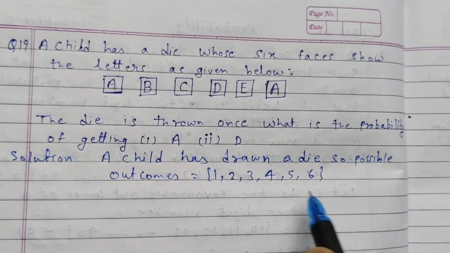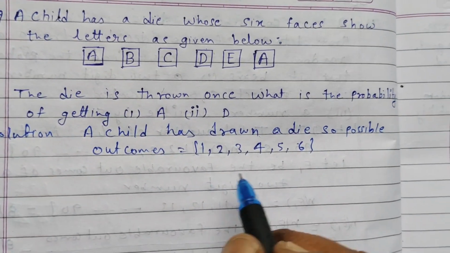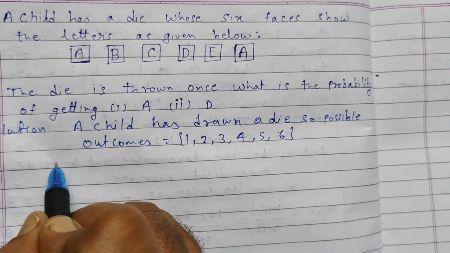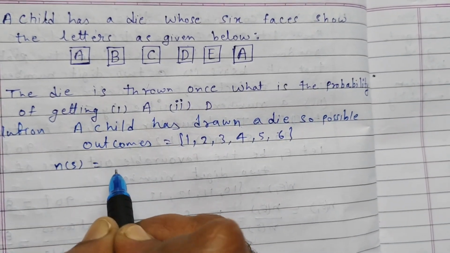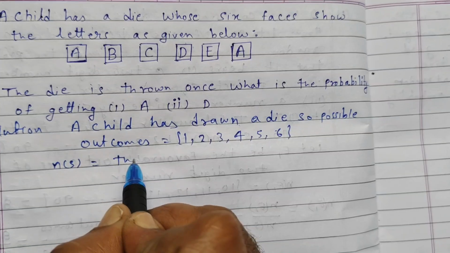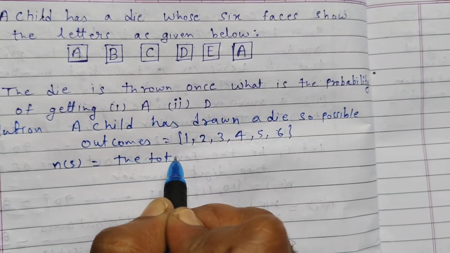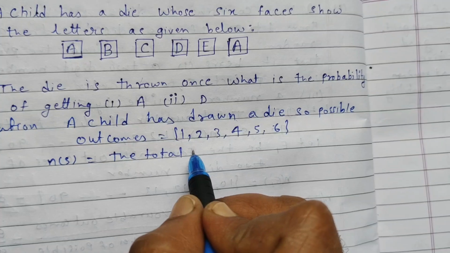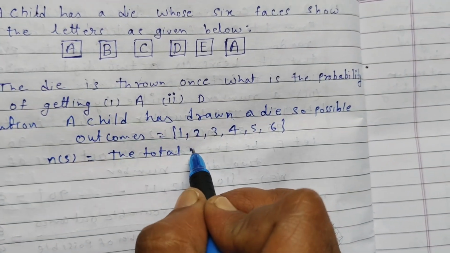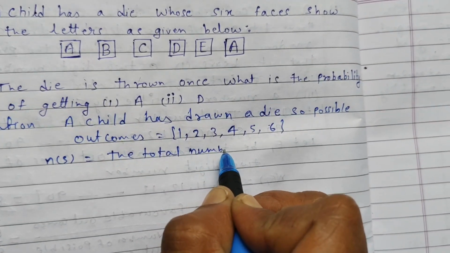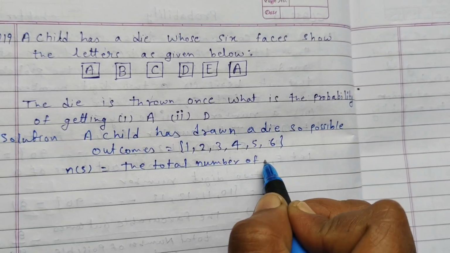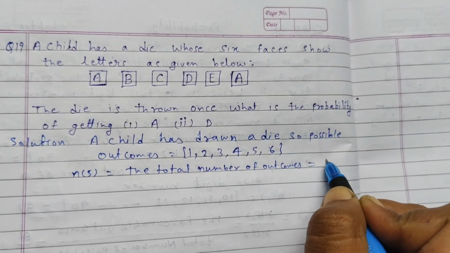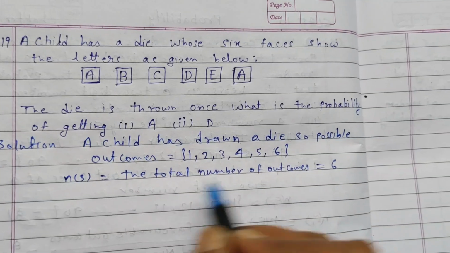There are 6 possible outcomes. So the total number of outcomes, NS, is equal to 6.